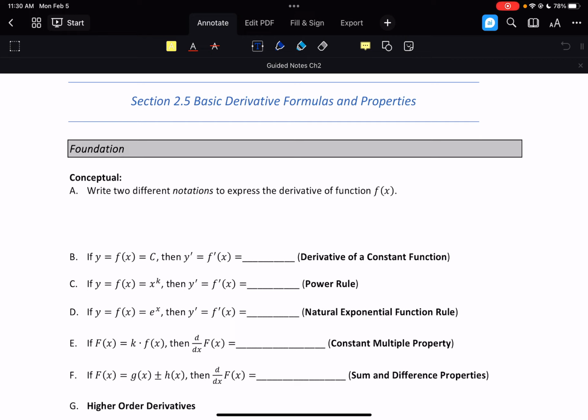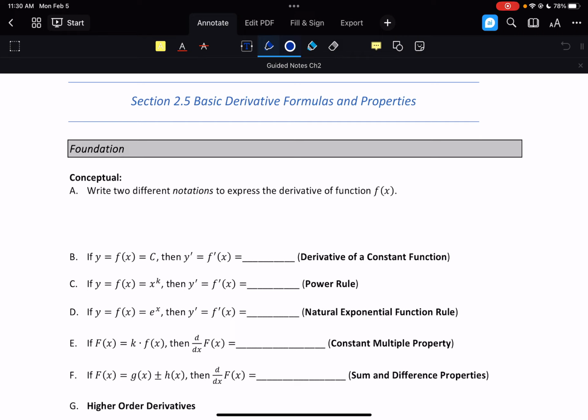But now we can start looking at faster, more efficient ways of calculating derivatives, bearing in mind that all of these formulas that we're going to develop here do have a basis in that limit form of the definition. But once we have these tools, we can start using them to great effect.